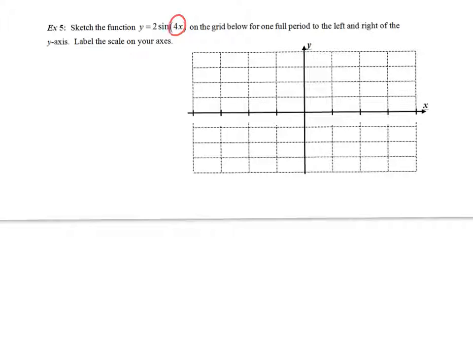So let's start with our coefficient of x, and that tells us that the frequency is equal to 4. Now again, remember what that means. If I had a graph that was from 0 to 2 pi, I would have 4 complete cycles in that region. I only want to graph 1 cycle, 1 full period.